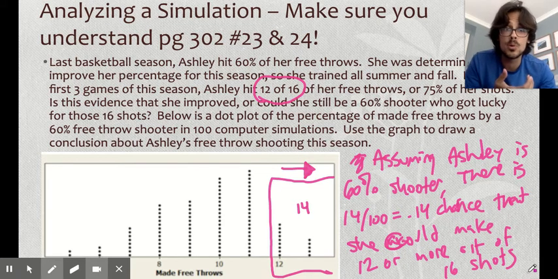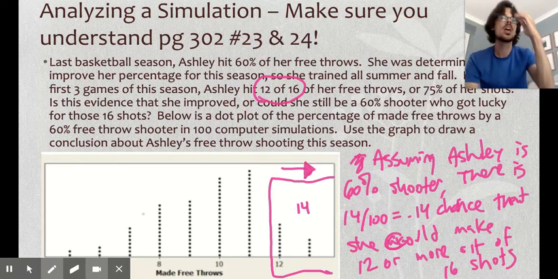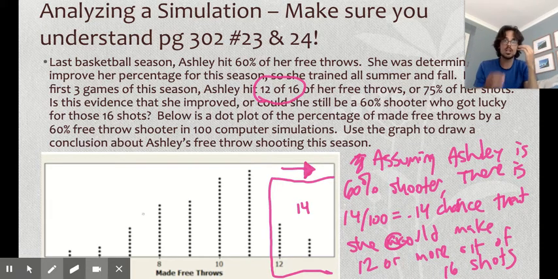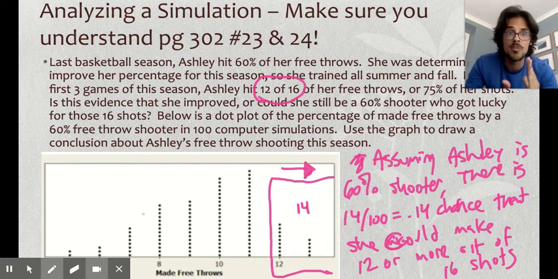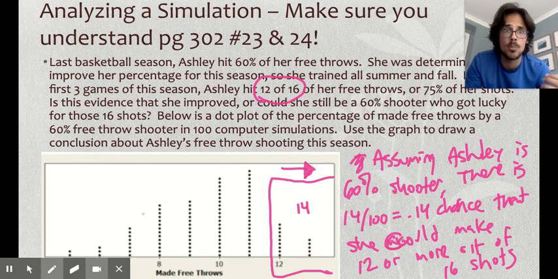So there's a 14% chance she's still a 60% shooter, basically, is how you can think about that. And 14% is probably too high for us to be certain. So what should we do? Well, we should collect a little more data. If she kept on shooting that and we had bigger samples, that tells us, okay, she's probably not a 60% shooter anymore. The most common cutoff for problems like this is 5%, but you can use 10% or 1%, and that can vary a little bit from problem to problem.